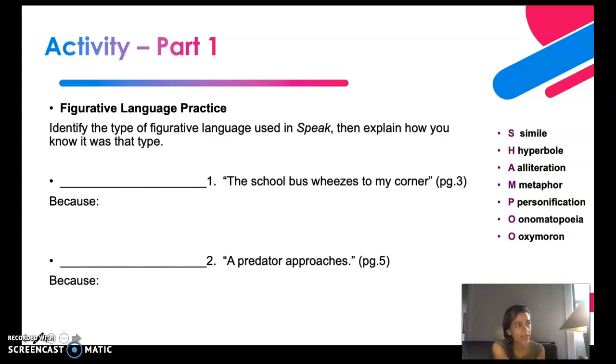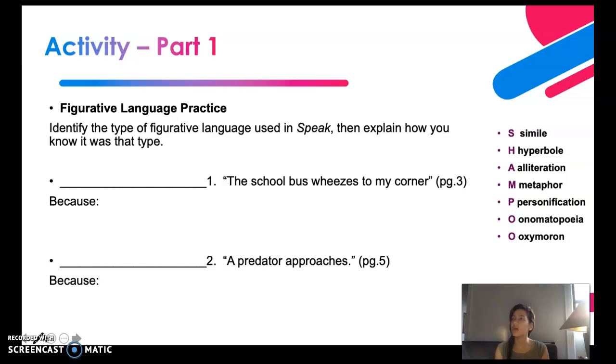Okay, so it's either a hyperbole or a metaphor. Okay, so Natalia says it could be a hyperbole. Can we have somebody else? It could be an exaggeration, right? But it could also be a metaphor because it's being compared.